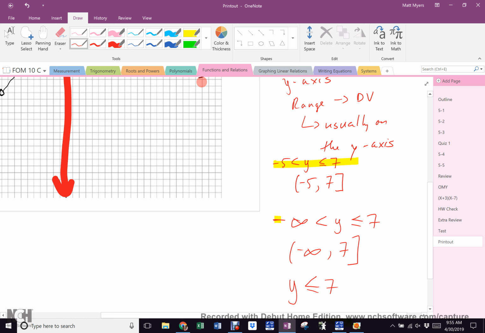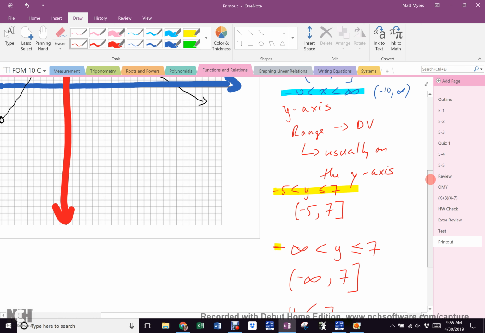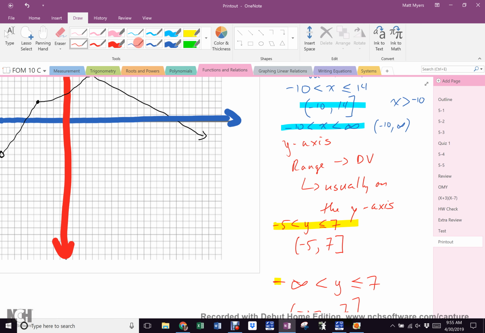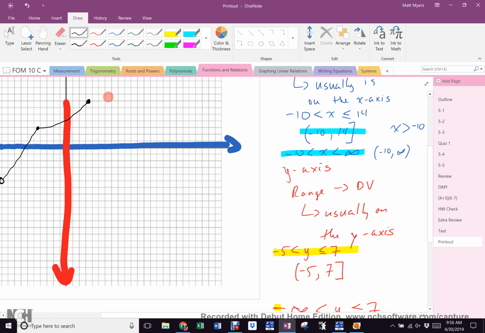Everybody understand? Now, tell me without, I'm not going to write anything down, what if this line now does this? Goes down, then it goes flat. Pretend that's flat. Where is the infinity? Is it in the domain or is it in the range now?